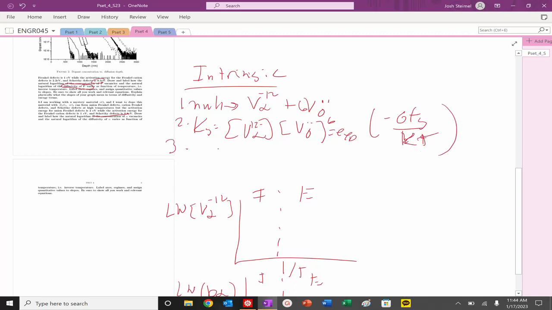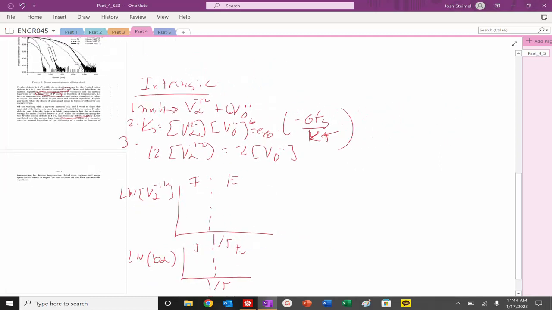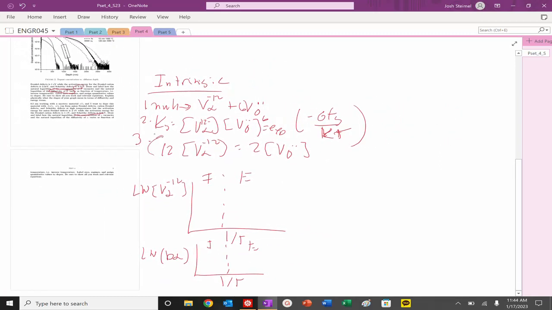Step 3, electroneutrality. What do we need to do? 12 times the vacancy of alpha minus 12 equals 2 times the vacancy of oxygen, charge out in front. Let's plug this relationship back into here. What we can see when we plug in is an expression where the concentration of V alpha minus 12 to the 7th power is proportional to the exponential of minus G formation of Schottky over KT.